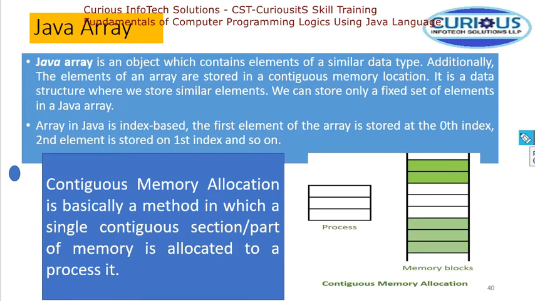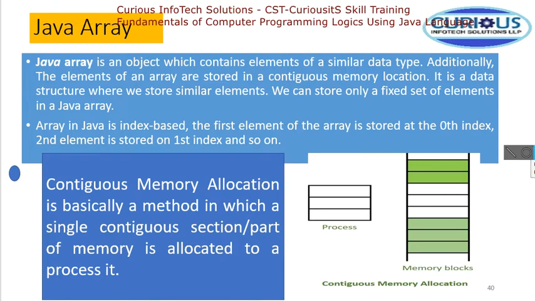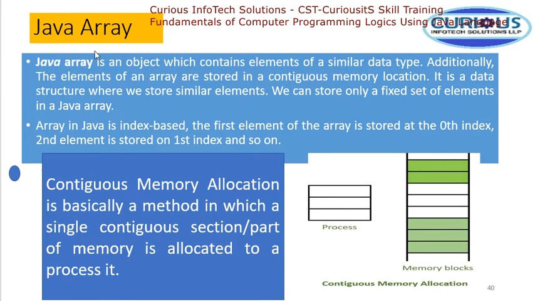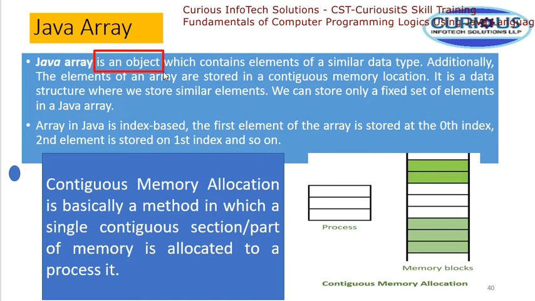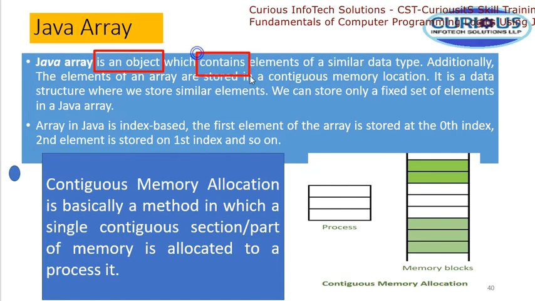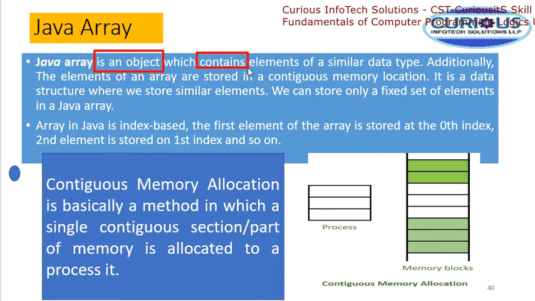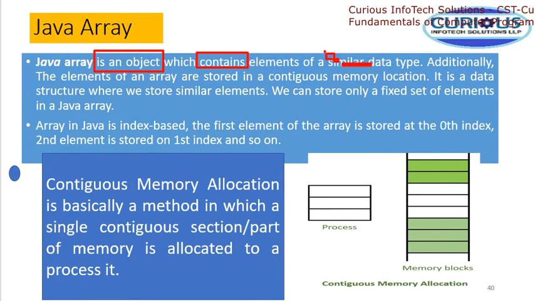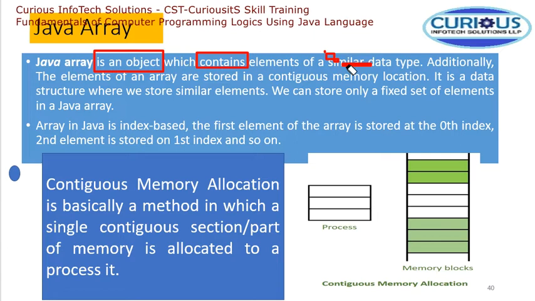A Java array is basically an object. This Java array contains elements of similar data type. Okay, similar data type.